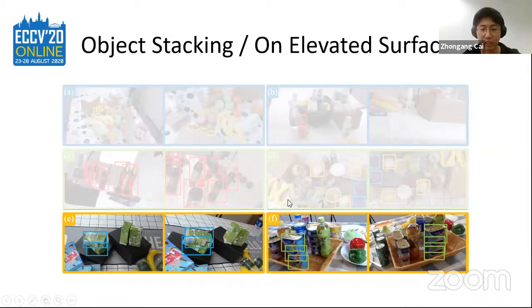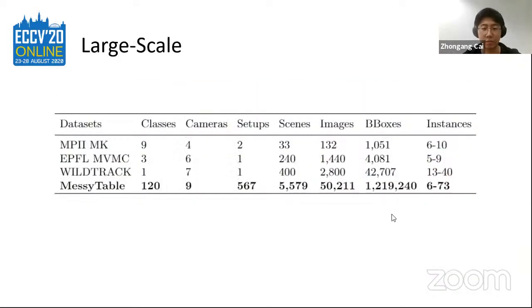In some cameras this object may be invisible, so he or she can skip that. Then the bounding box association annotation is completed. So there are two steps: first bounding box annotation, and second association. There are 1 million bounding boxes, all of them manually annotated.